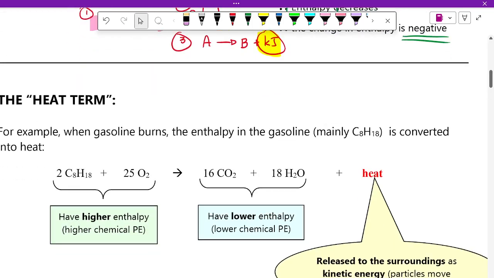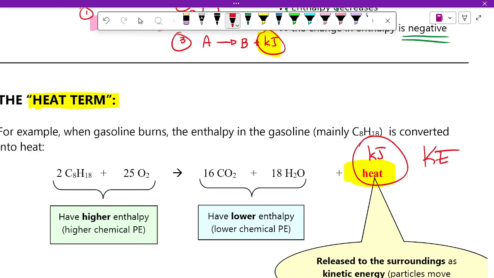So this energy term, we sometimes call it the heat term. That's our kilojoules. That's our kinetic energy term. What type of a reaction is this one? Is this endothermic or exothermic? This is exothermic.